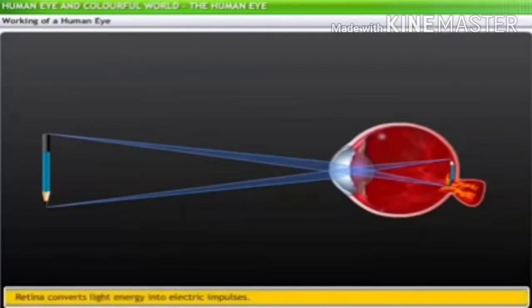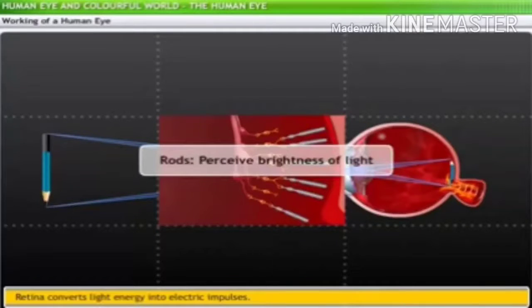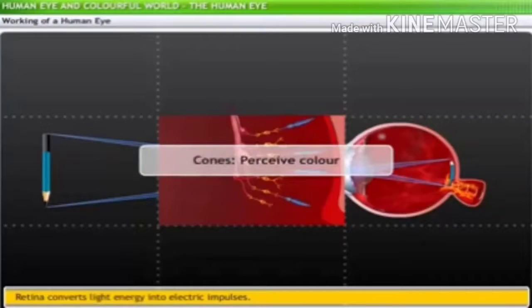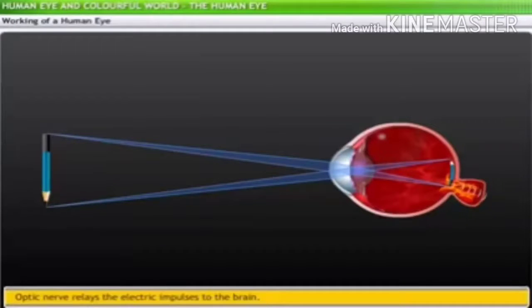The retina converts the light energy of the image into electrical impulses, using light-sensitive nerve cells called rods and cones. The rod cells are responsible for the perception of the brightness of light, and the cone cells for the perception of color. The electric impulses from the retina are relayed to the brain by the optic nerve.